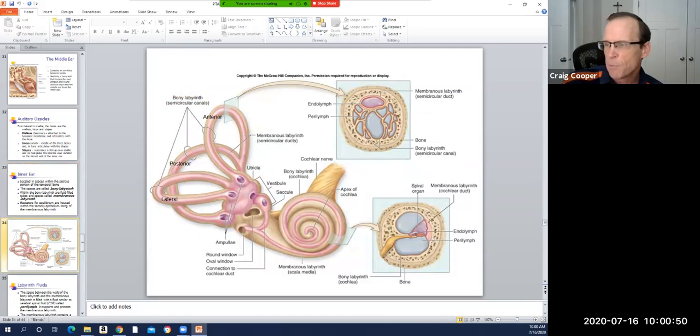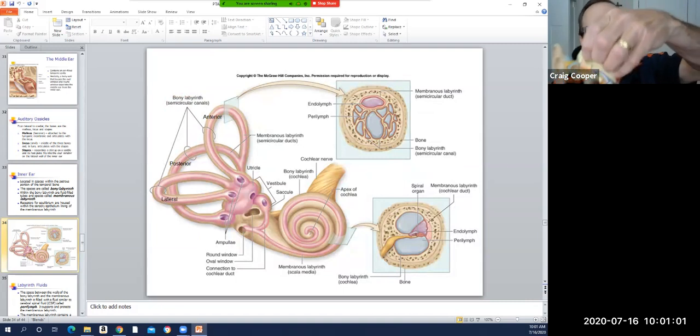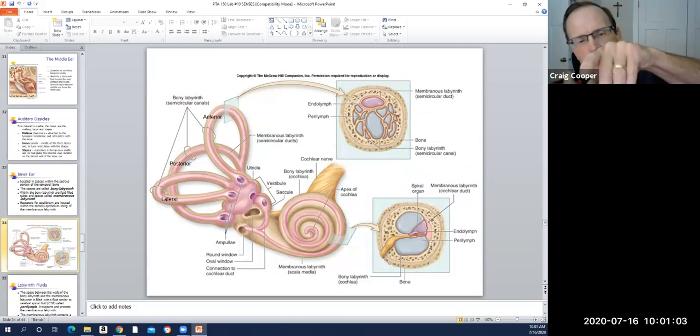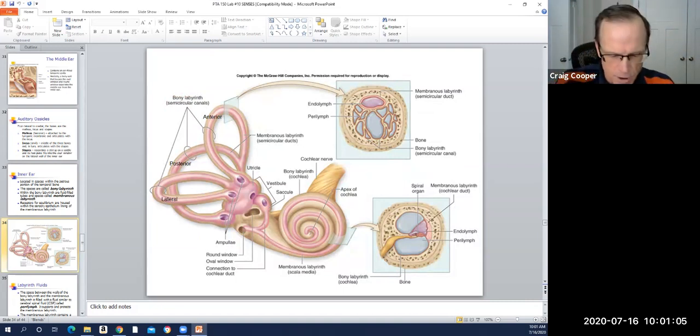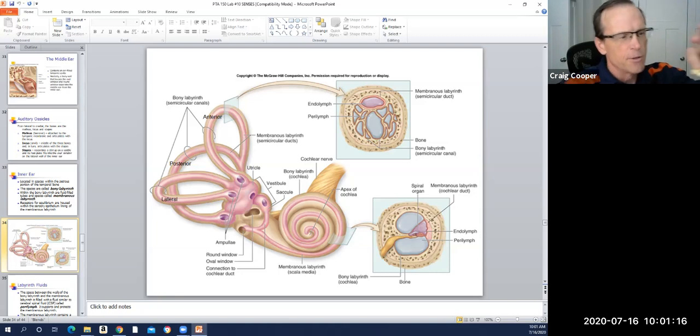So here's a blown up look of those inner ear structures. I'm going to take it out of this model real quick. This is a pretty cool model, and I do wish we could have had lab on site so you could handle this. I think I'll just take it off and then show you. This model is fairly close to life size. I'm pulling out what you're looking at on the computer screen.